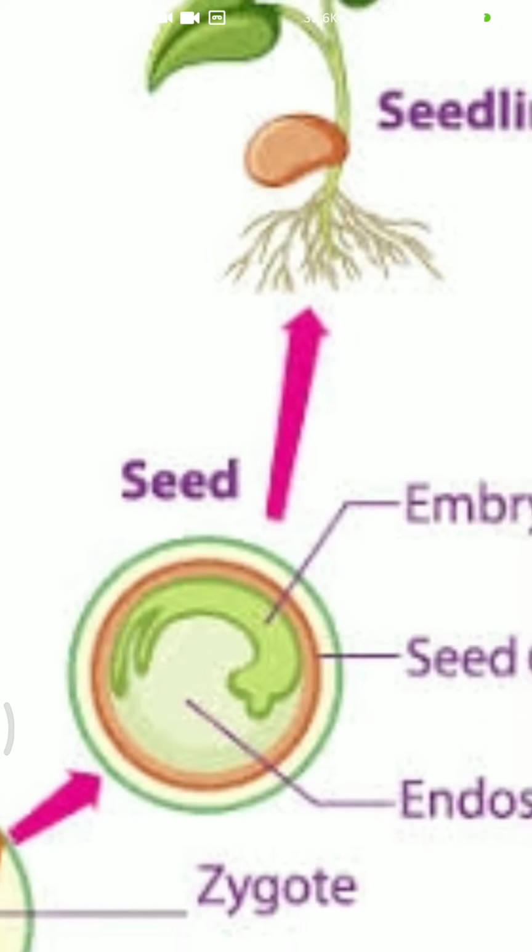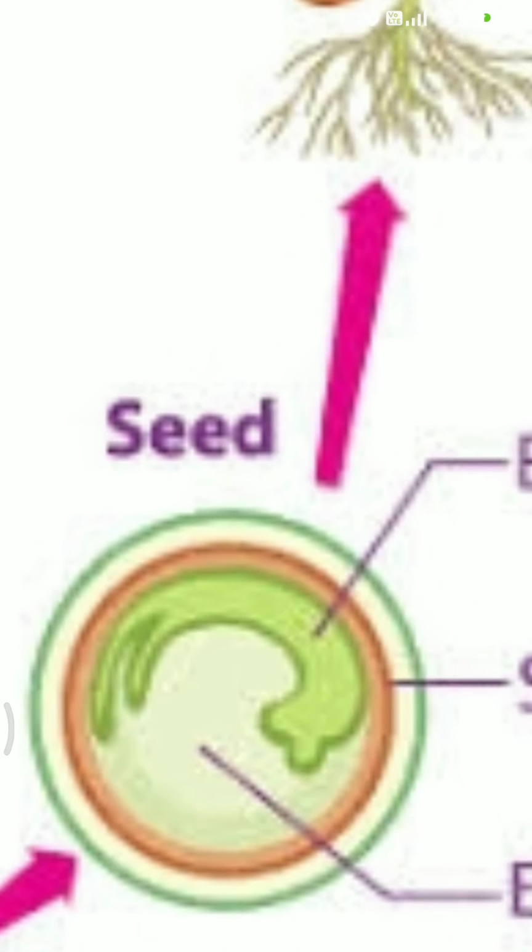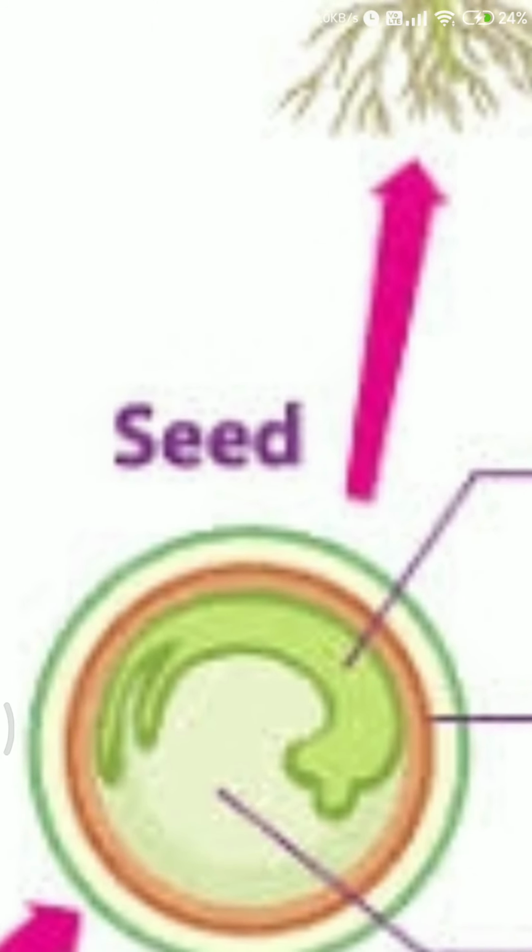That is unicellular, one cell, and it fuses with the male gamete, which is also one cell. When they fuse together, they form zygote, that is also unicellular. But later on the zygote divides and gives embryo. This structure is multicellular, dear, not unicellular.